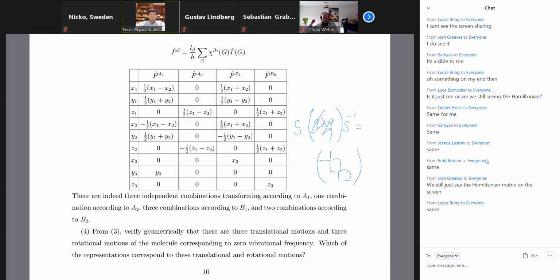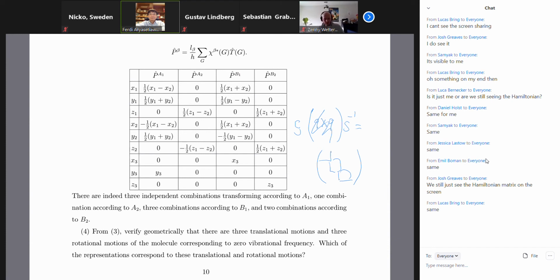So there are the 3 translational motions along x, y, and z, because there are 3 independent motions. And there are also the 3 rotations about the Cartesian axes. So there are 6 motions which have 0 frequency.